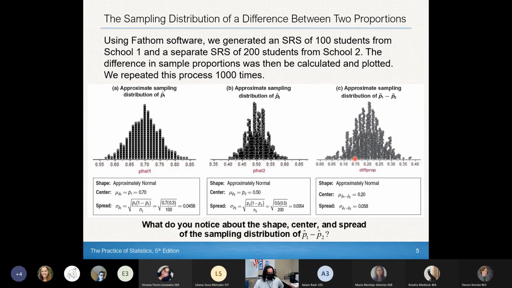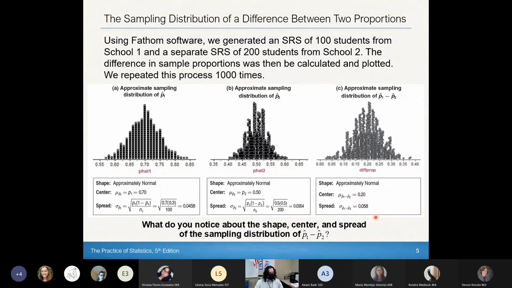What do we notice about the shape, center, and spread of the sampling distribution of the differences, p hat 1 minus p hat 2? Well, just like the two sampling distributions that it came from, it's approximately normal. The center of school 1's sampling distribution of the sample proportions is 0.7, and school 2's is 0.5. 0.7 minus 0.5, hey, that's the center of this one, 0.2.